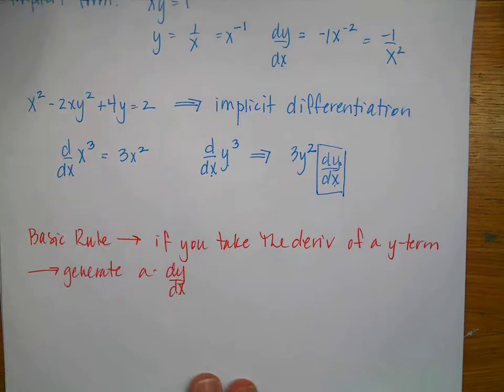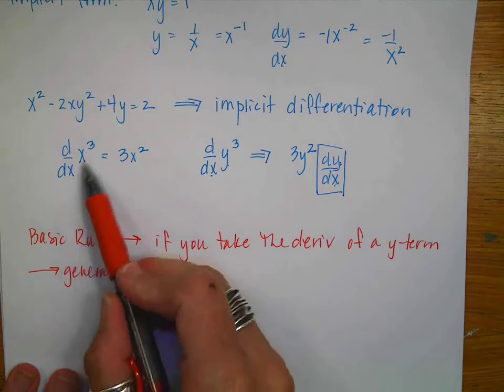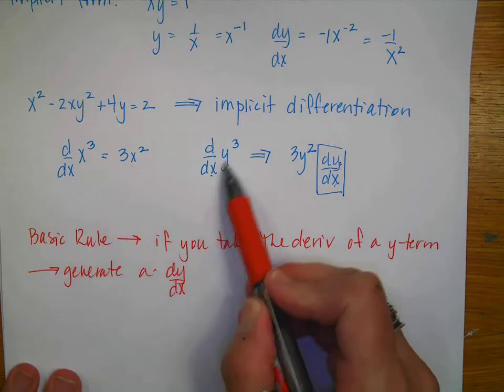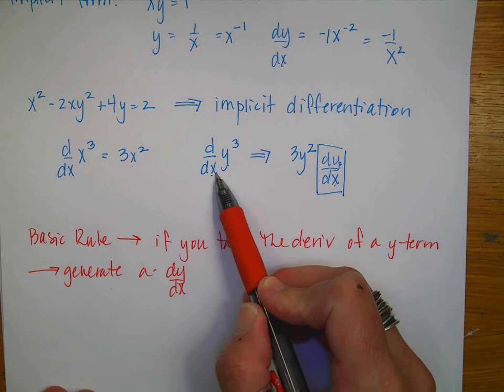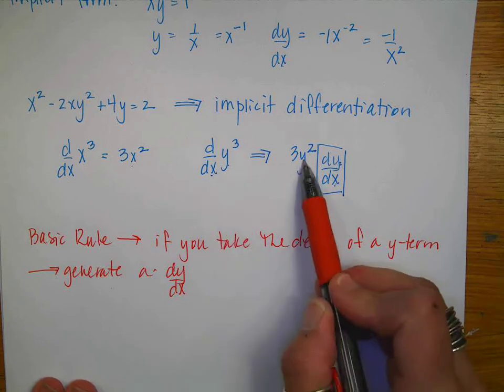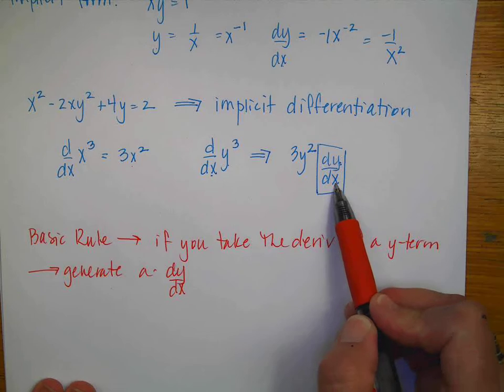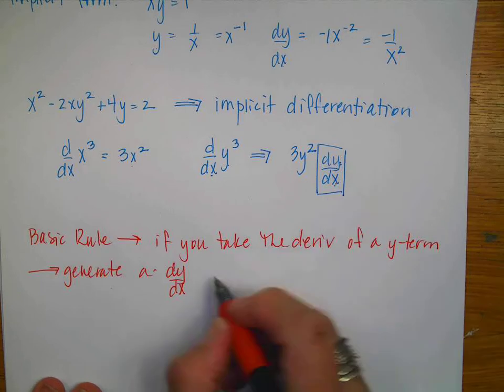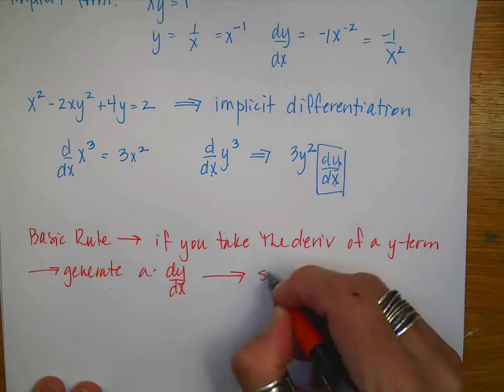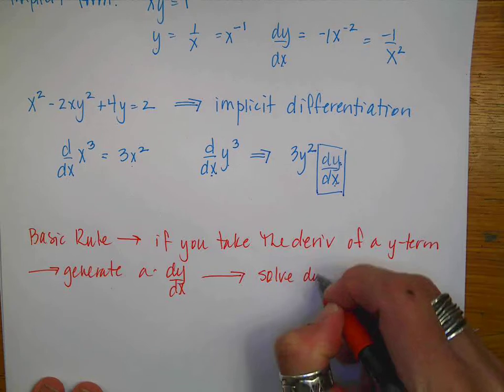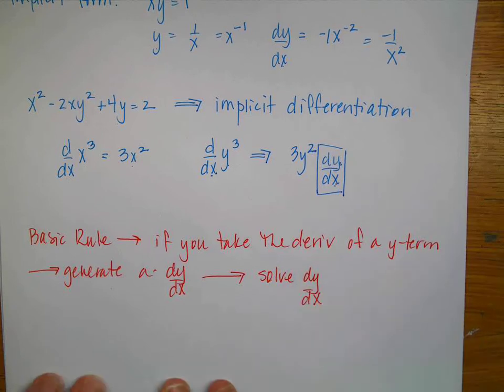And that's going to be because of the situation we just explained. In this situation, the variables matched. In this situation, the variables don't match. And we'll talk more about this in the next couple of sections. But when I take the derivative of a y thing, it generates a dy dx. And then the next step of the problem is solve for dy dx.